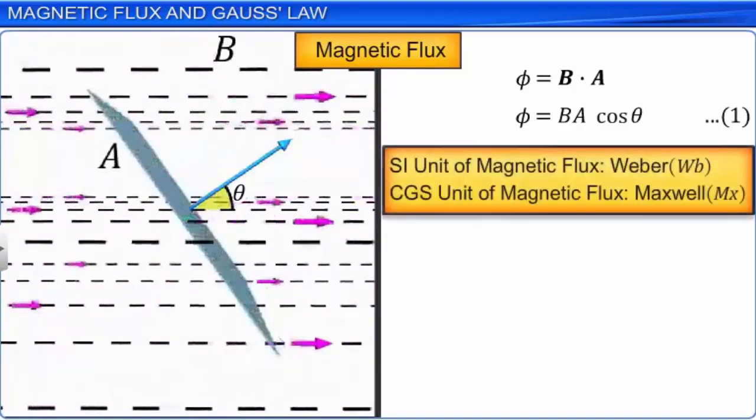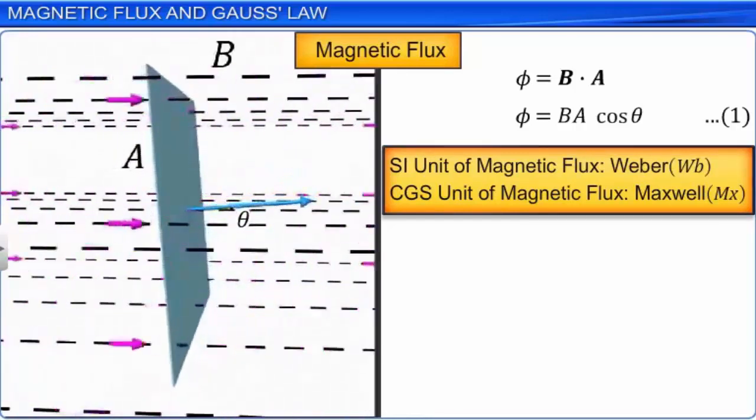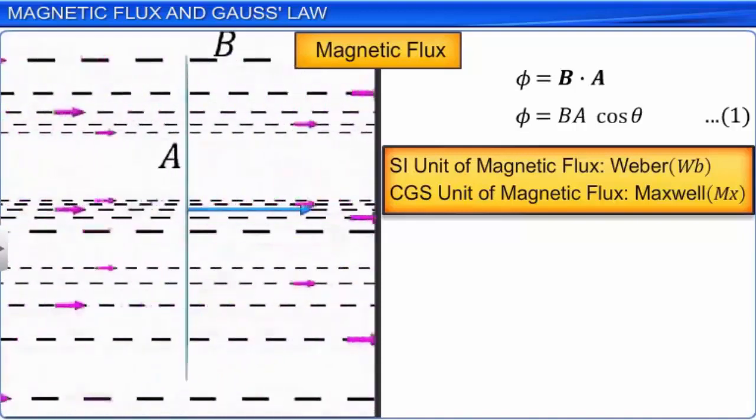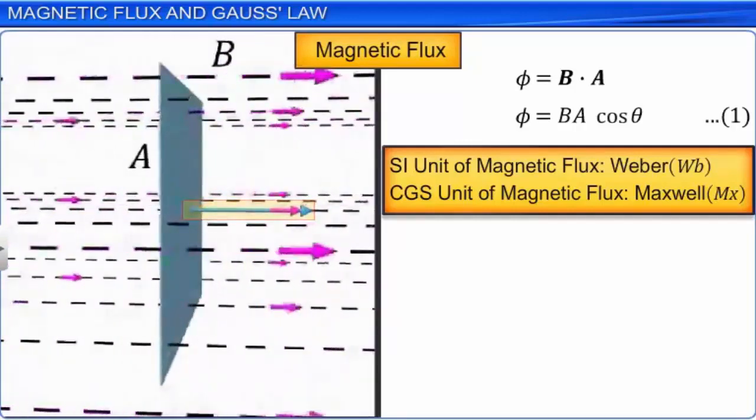The SI unit of magnetic flux is Weber, and its CGS unit is Maxwell. Maximum magnetic flux passes through a given area when the area vector and the magnetic field are in the same direction. That is, the angle between the plane of the given area and the magnetic field is 90 degrees. The angle between the area vector and the magnetic field, theta, is equal to 0 degrees.